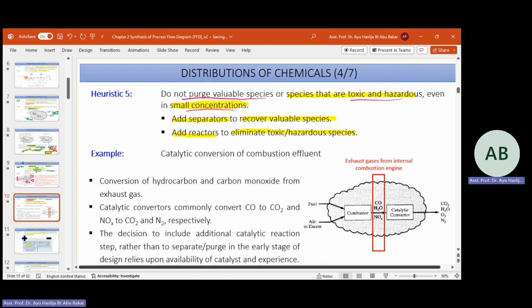If toxic and hazardous in small concentration, if you purge, what happens?